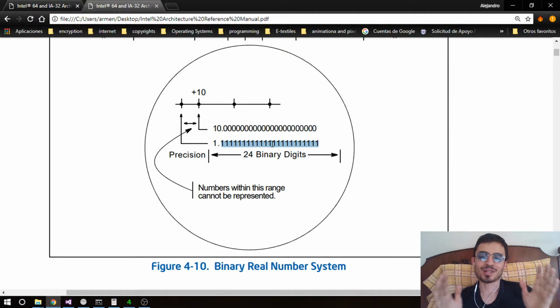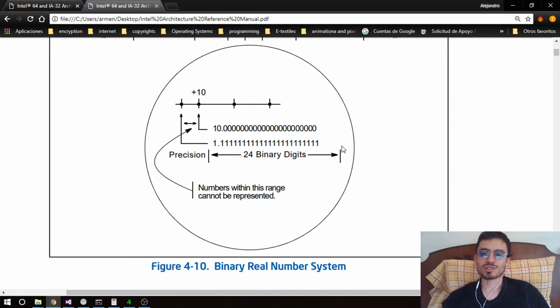The thing I just wanted to say is that if you want to pass from the number in binary that is the largest expressible in this single precision format, and you want to pass to the next integer, then that's the number that you cannot express, basically. This chart explains that.